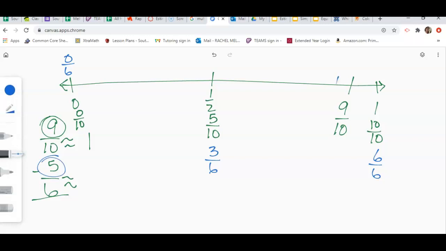Well, that'll also go pretty close to the 1, right? It's one piece away, so I would round that to 1. Well, what's 1 minus 1? 0. So that means that whatever the real answer is here, it's probably going to be close over here somewhere. Okay?